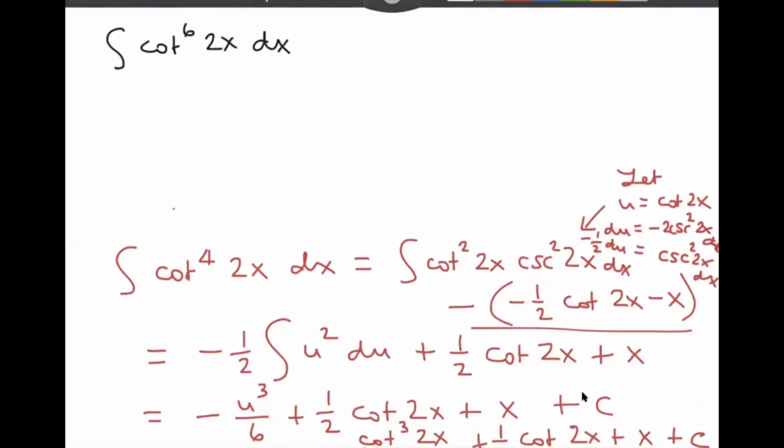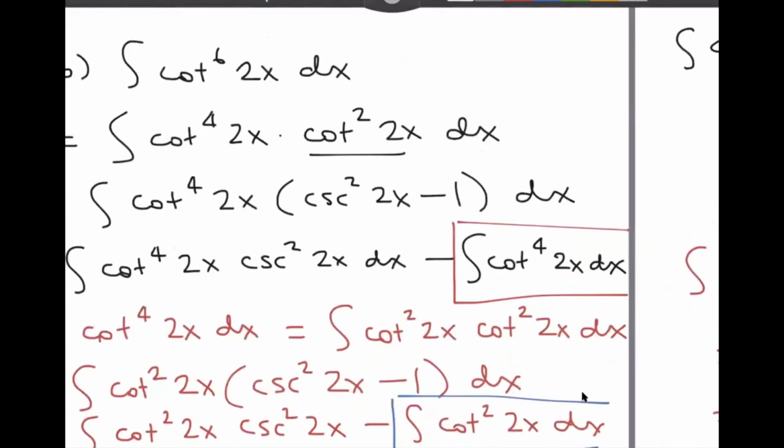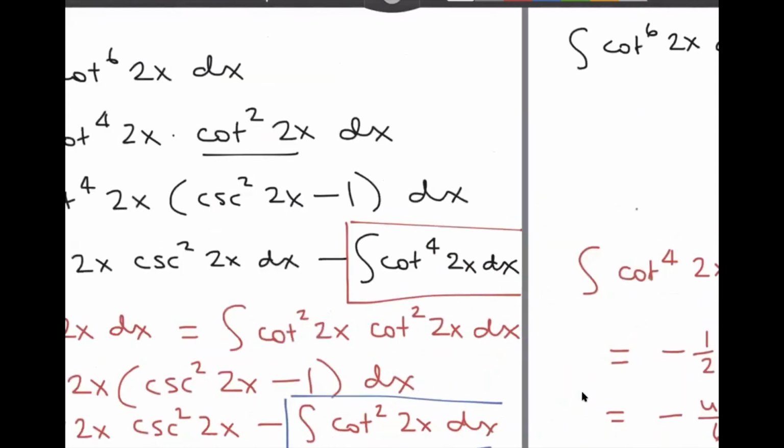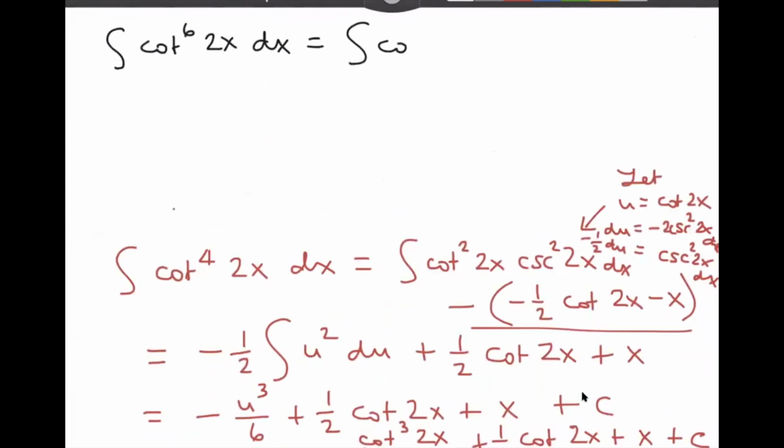We'll take that from this line right here. That's going to be equal to the integral of cotangent to the fourth 2x cosecant squared 2x, and then minus the value of the red integral, which is right at the bottom of your screen.